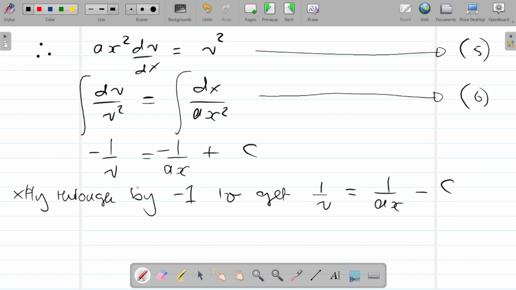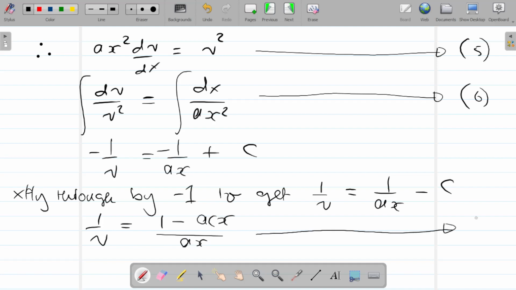And we can rewrite that to give 1 over v equals 1 minus a c x over a x. So that is equation 7.